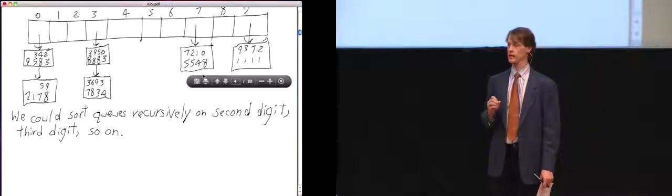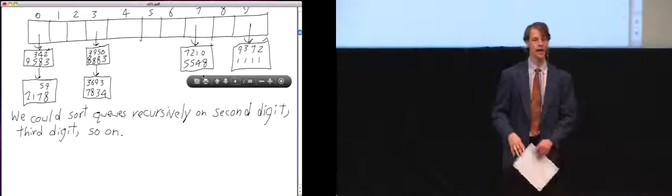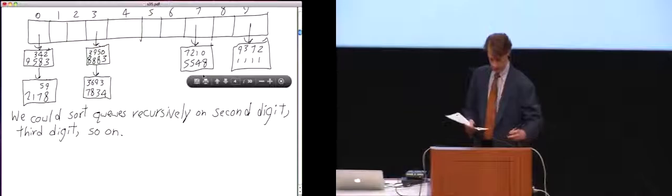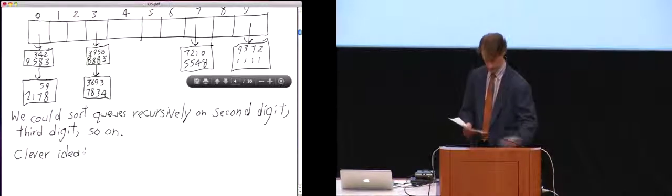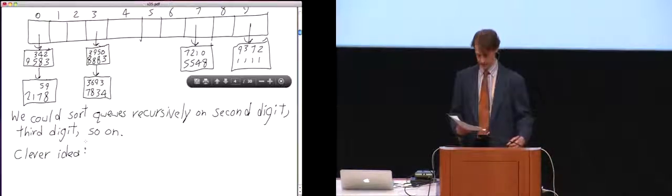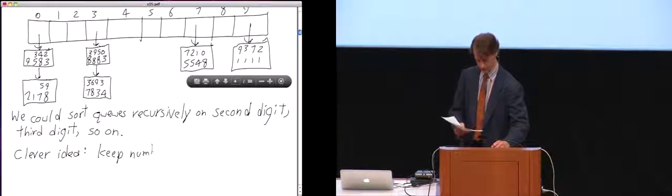There is something you can do that is simpler and a little bit faster, but it's less intuitive. So this is the clever idea behind how a radix sort is really done. We're not going to divide the pile of numbers up into smaller and smaller queues and sort those all separately.